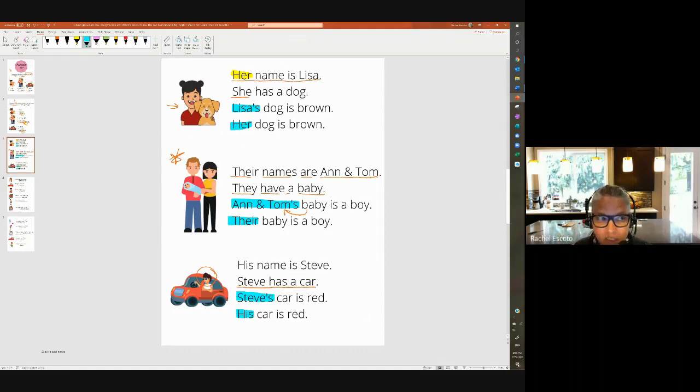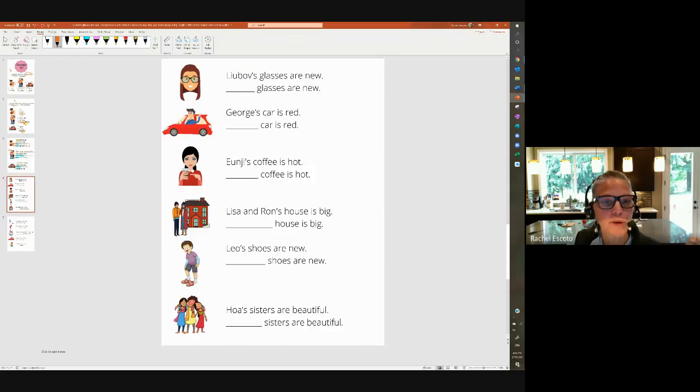For you Spanish speakers, it's kind of like saying el perro de Lisa, or su perro. El bebé de Anne y Tom, o su bebé. El coche de Steve, or su coche. Okay, so that's kind of what the parallel structure is. Let's practice a little bit.